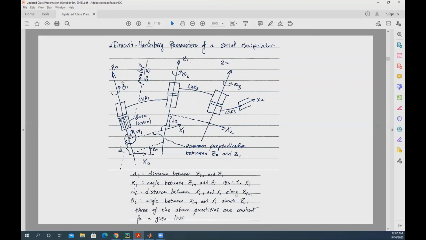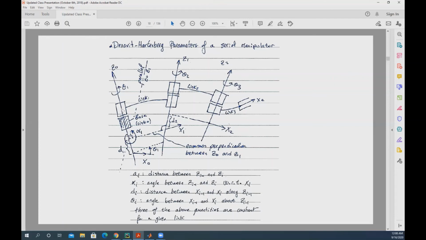The most important thing to realize here is that you begin by putting your z-axis. Z0 is connected to ground, but it is the axis of actuation of link 1. Meaning that if you have a revolute joint, the z-axis is the axis along the motor, along the motor shaft, which is creating that rotation.